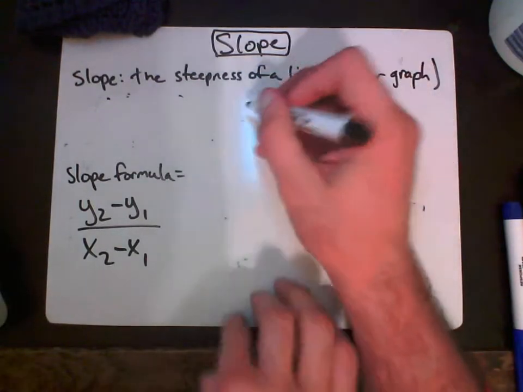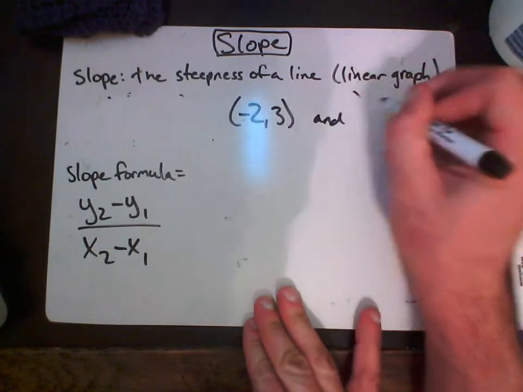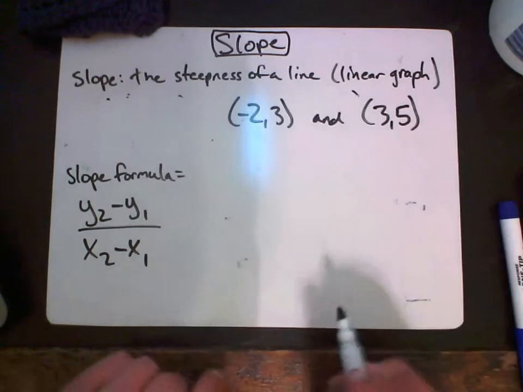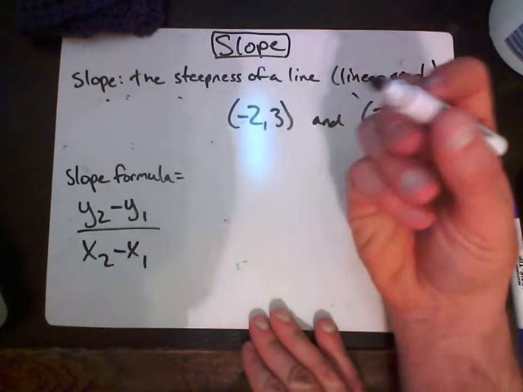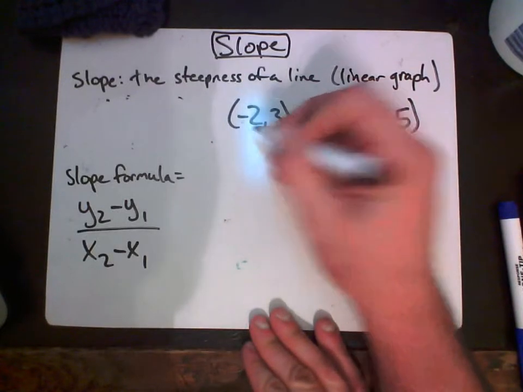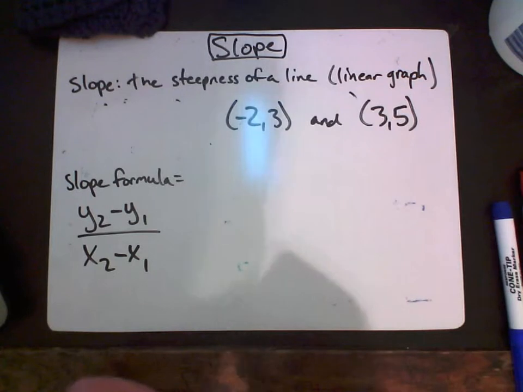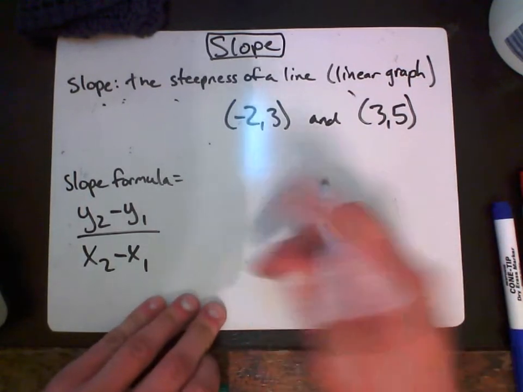How about (-2, 3) and (3, 5). Using my slope formula, and until I get into practice with this, I'm just going to assign some values here, because this helps me. This gives me some mental practice, mental training. I'm also a coach.